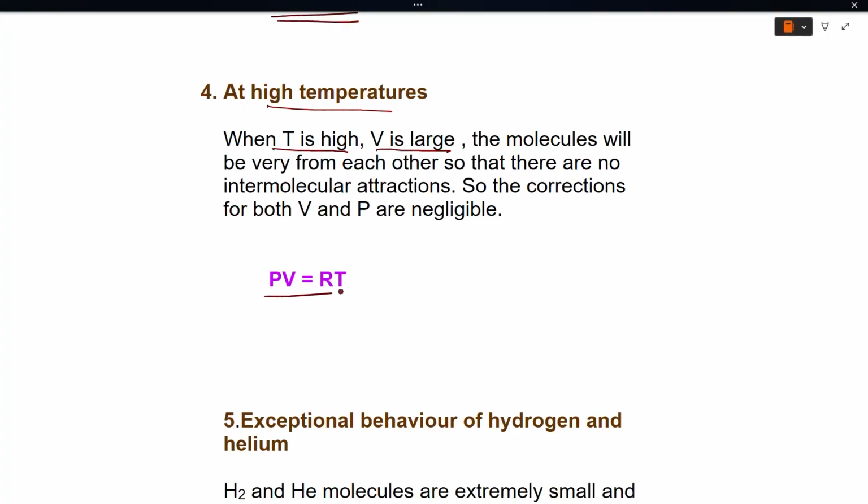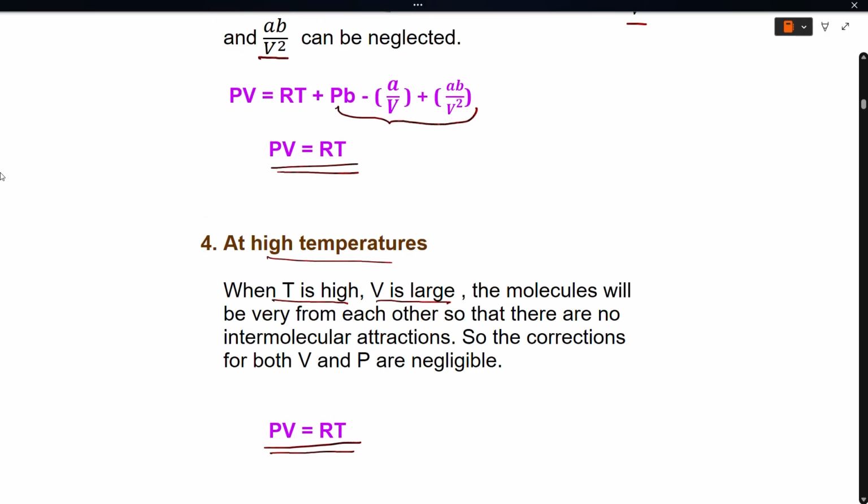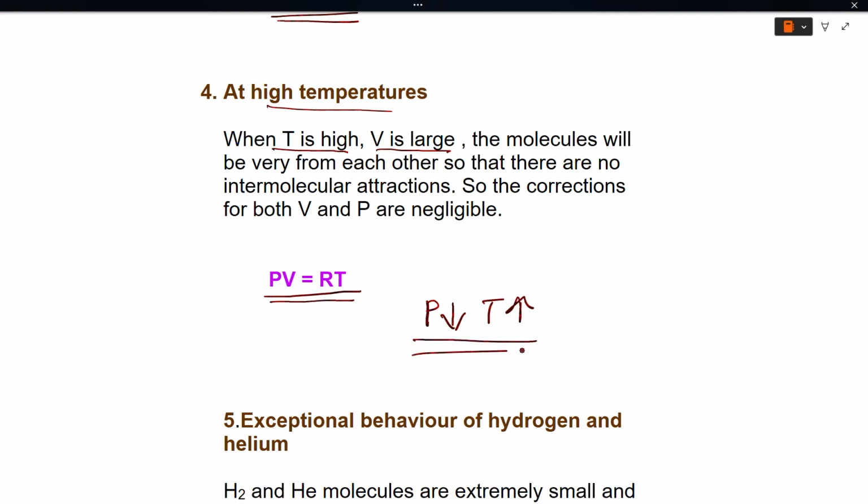So, you do not have any corrections for pressure or volume, and we get the expression as PV is equal to RT. So, there are two conditions here, that is low pressure and high temperature. When these two combinations come together, real gases tend to be ideal.